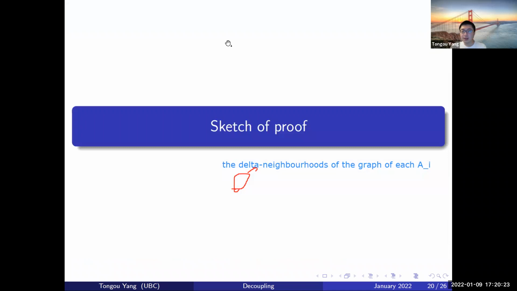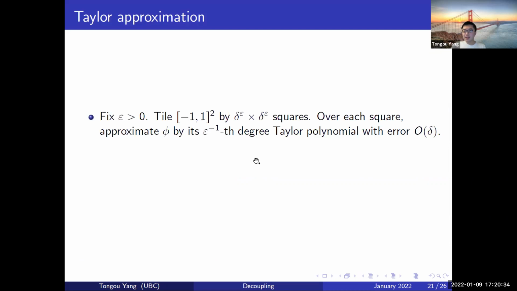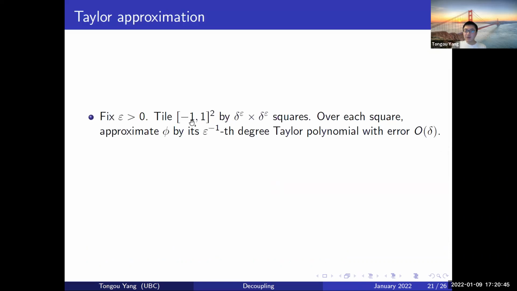Okay, so for the remainder of the talk, let me give a very brief sketch of the proof. The first step is to use a Taylor approximation. We fix epsilon to be positive, so we know that we are allowed to lose an epsilon here. Given any epsilon, we first tile the domain by delta to the power epsilon times delta to the power epsilon squares.